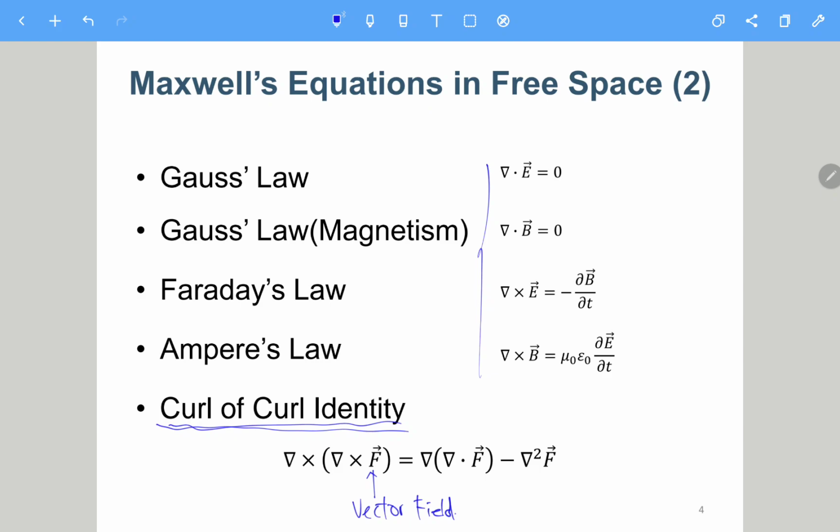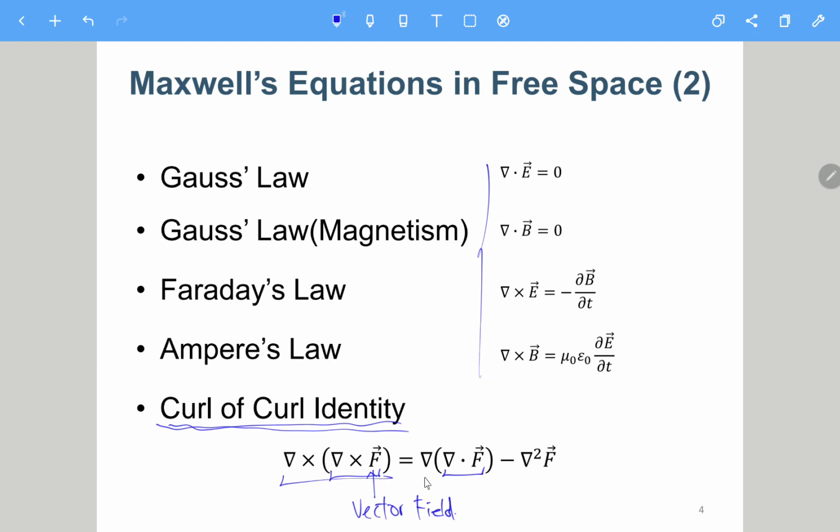On the left side we have the curl of F, and then we take the curl again, because taking the curl of a vector field gives a vector field, and then you can take the curl again. So you take the curl of a vector field twice, which is equal to the right side, which is a bit more complicated. In the parenthesis, this is the divergence. Taking the divergence of F, it becomes a scalar field.